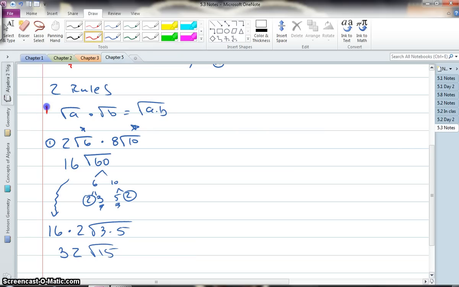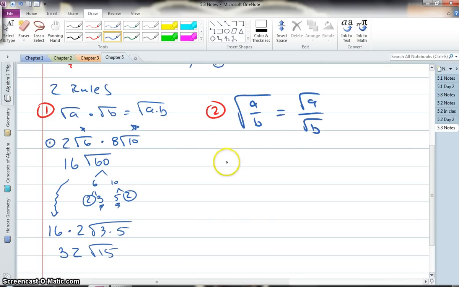Alright, so that was rule number 1. Rule number 2 says if you got the square root of a over b, you can chop it up to say the square root of a over the square root of b. So, for instance, square root of 25 over 49 can be chopped up. It's root 25 over root 49.